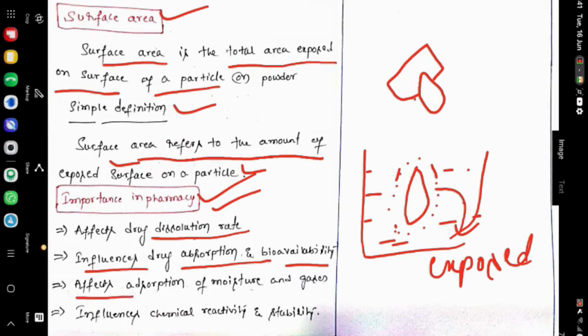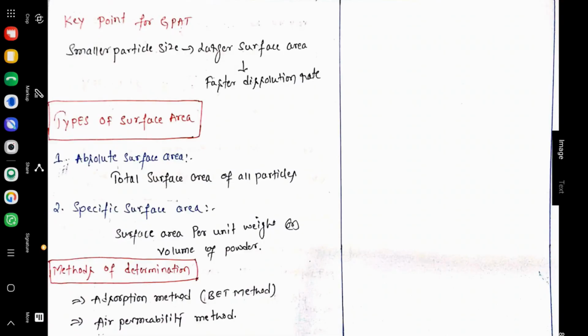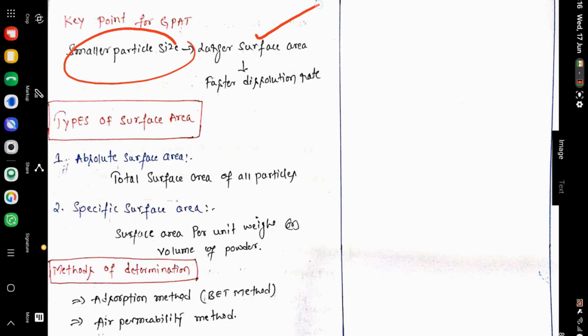Then it affects the adsorption of moisture and gases and influences the chemical reactivity as well as stability. Main logic is: smaller the particle size, larger the surface area, and faster the dissolution. So if you want to achieve a faster dissolution rate, then if we decrease the particle size, that offers larger surface area, which definitely increases the dissolution rate.